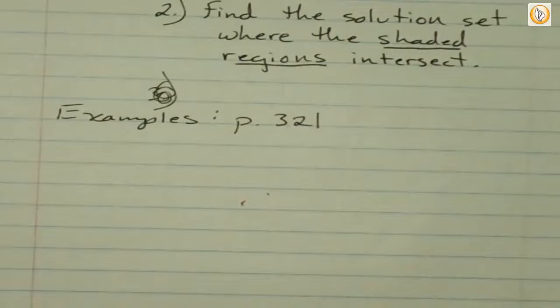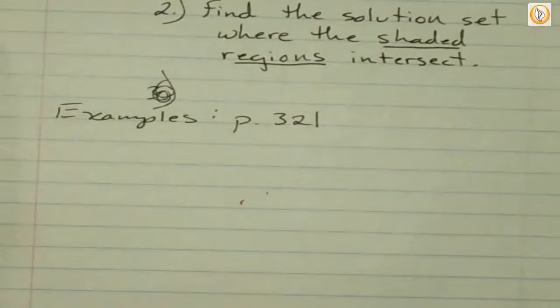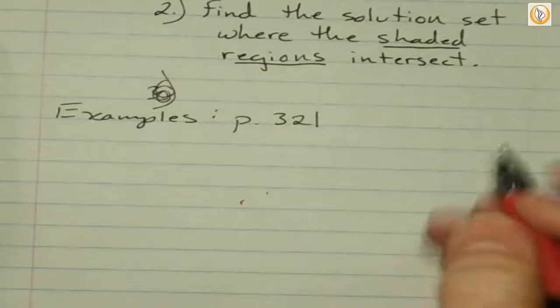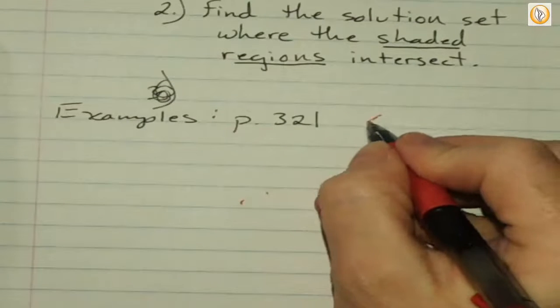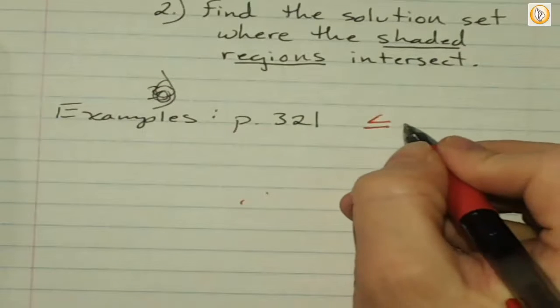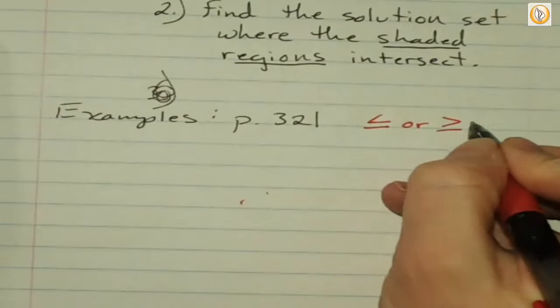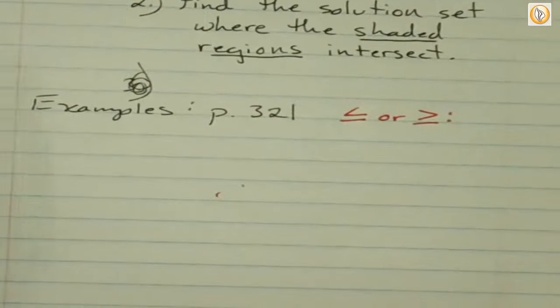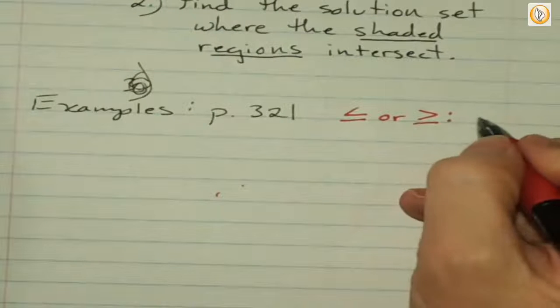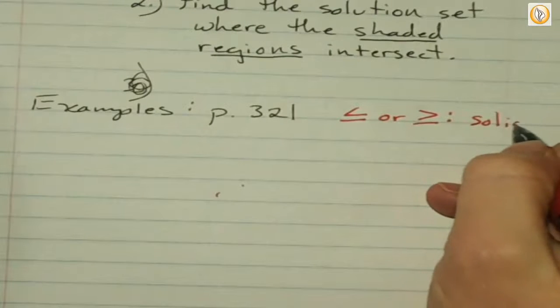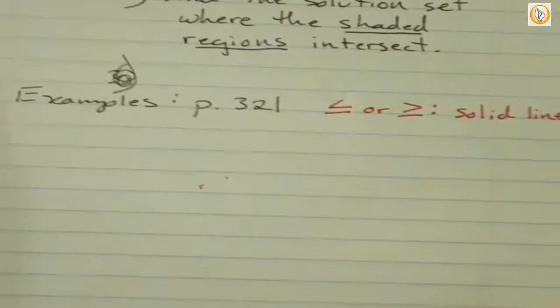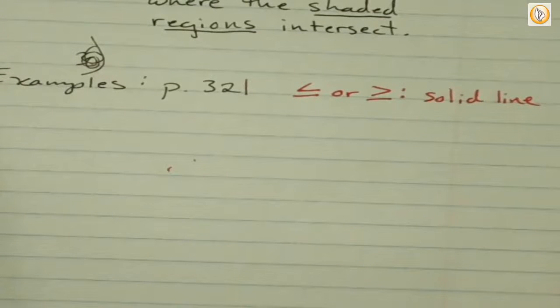Yes. Okay. All right, so when we are graphing inequalities on the line, don't forget, if you have a less than or equal to or greater than or equal to, is that a solid or dashed line? Raise your hand. Gabby, solid. Solid line.